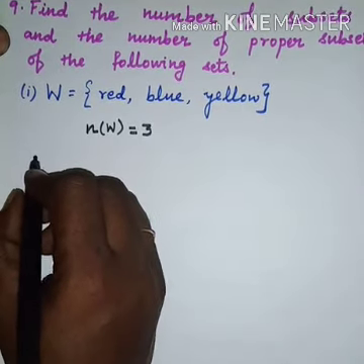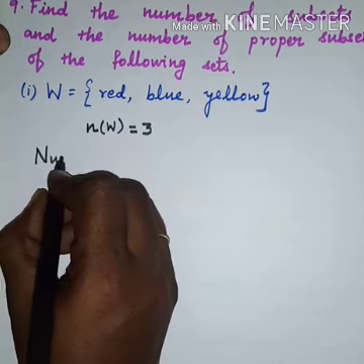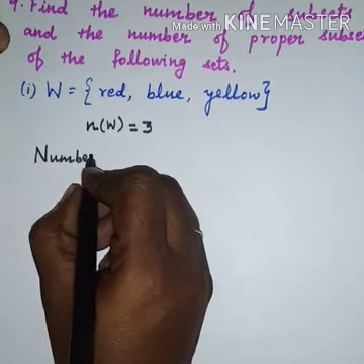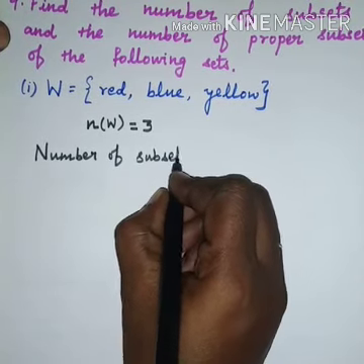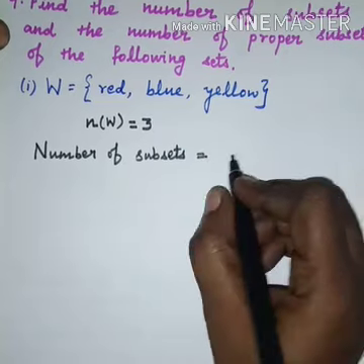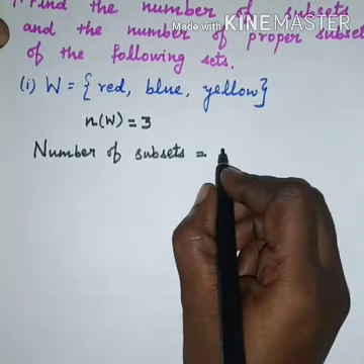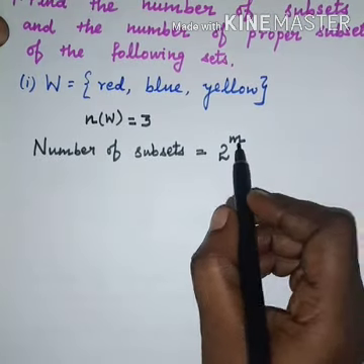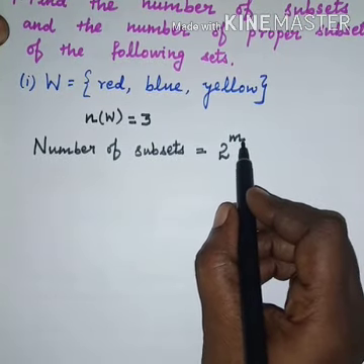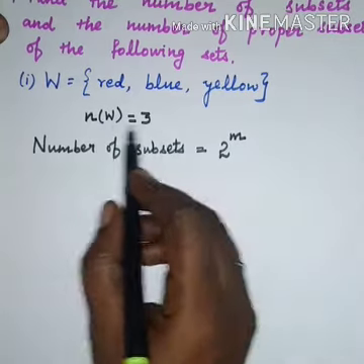So, the number of subsets. What is the formula to find the number of subsets? Just now we saw the number of subsets is equal to 2 power m. Here what is m? m is nothing but the number of elements in the set.